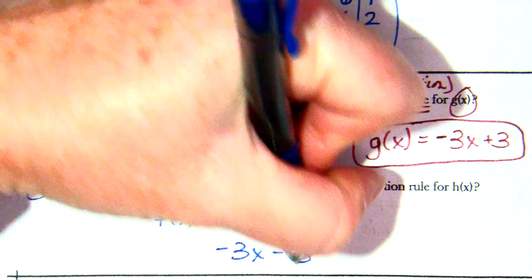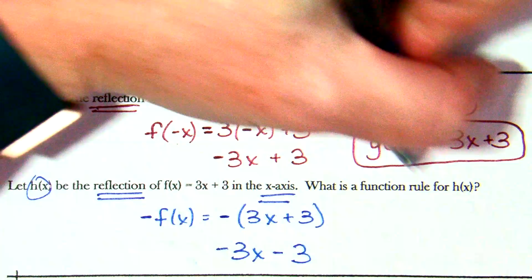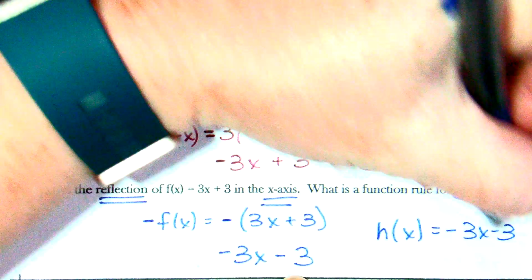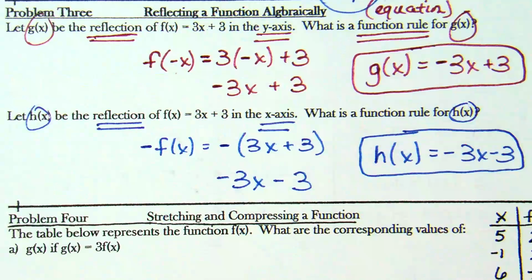Notice in a reflection on the x-axis, not just the x sign changed, but everybody's sign changed. Told me to call this h of x, so I'm going to say what? h of x equals negative 3x minus 3. Okay. And again, you'll get a variety of practice in the homework.